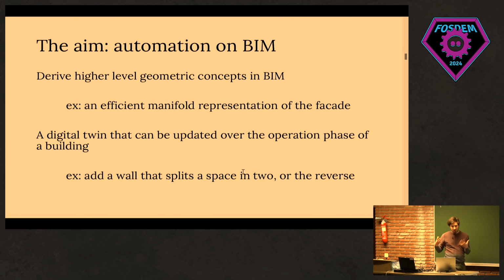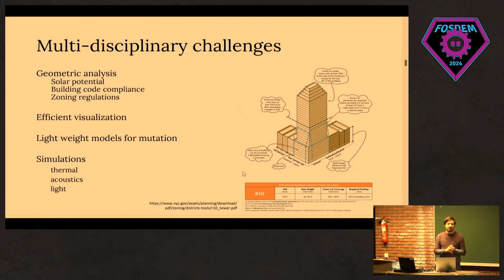But my topic for today is really the geometrical challenges that I encounter, because our industry is really multidisciplinary. For example, what we exchange as building models are really detailed decompositions of the building into very specific elements. So one wall, one ceiling plate, and all the kind of supporting structure.